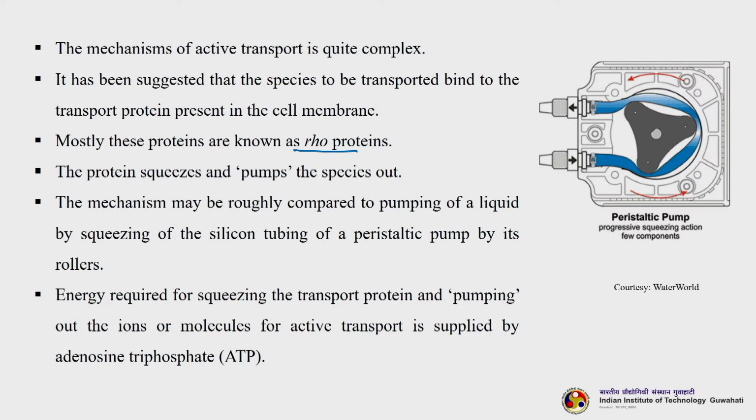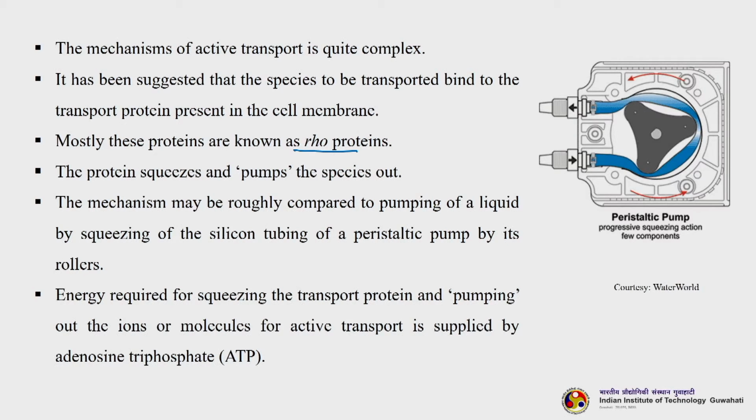These proteins will bind this sodium, potassium or glucose, and when it binds, it will help to transport this particular sodium, potassium or glucose across the cell membrane, right. There is a cell membrane. So, that sodium, potassium or glucose needs to cross the cell membrane. So, these proteins will help them to cross that.